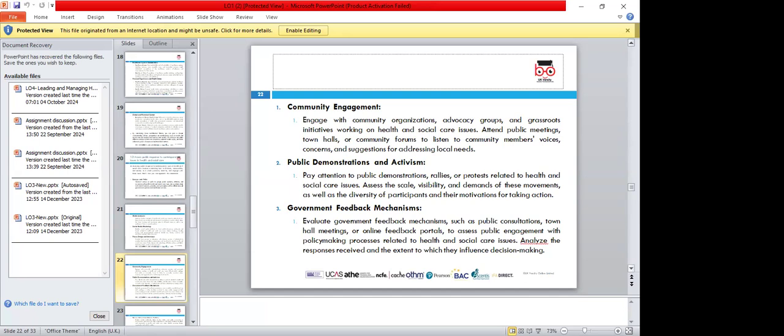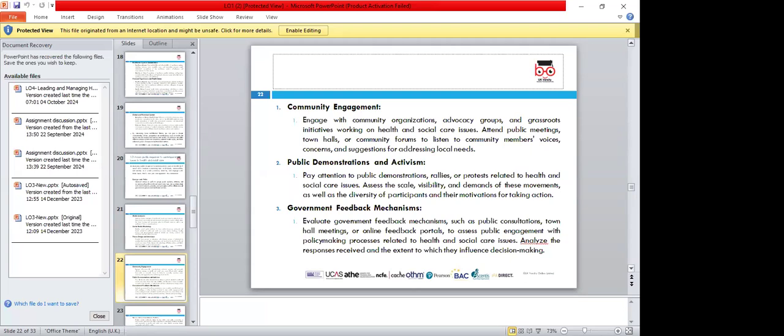Very important: the government feedbacks. Government may respond to certain things that are going on. So you have to evaluate those feedbacks. What were the responses of government when there have been protests and campaigns? What was the response and what did they say in addressing those meetings?